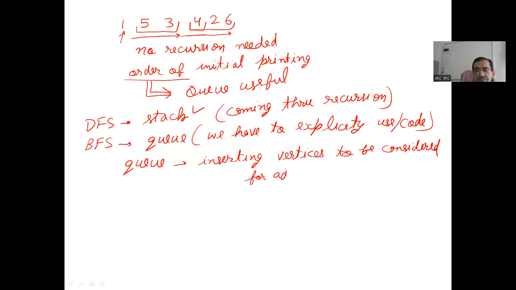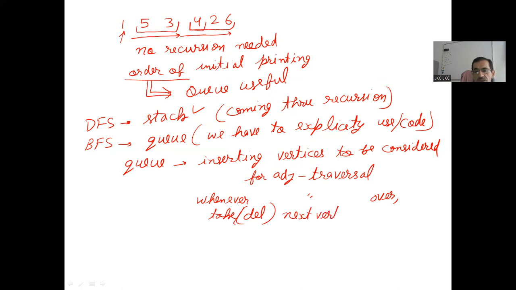And whenever one vertex is over, whenever the adjacency list traversal is over, I will delete the next vertex from the queue and resume from the queue. This is what we have done effectively. So this is the overall logic.